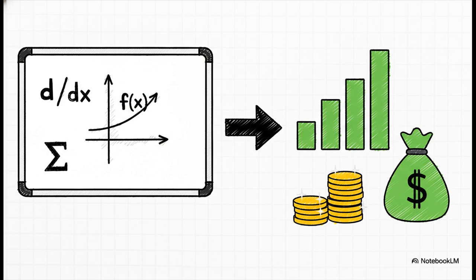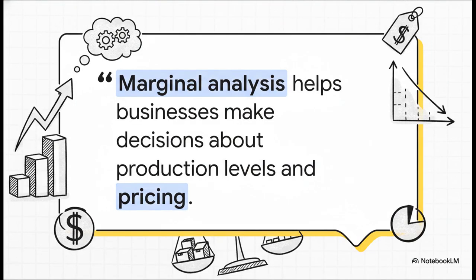This is how you translate a mathematical formula on a whiteboard into real, tangible dollars on a company's bottom line. And that really brings us full circle, right back to this concise summary from our source material. This whole process, this way of thinking, is a primary tool that businesses use every single day to make critical decisions, not just about production levels, which we've discussed at length, but also about pricing strategies, which, by the way, is a topic we'll explore in much greater detail in our next lecture.